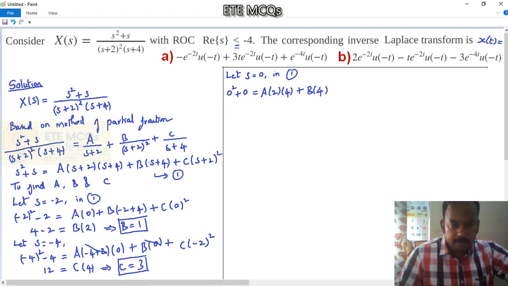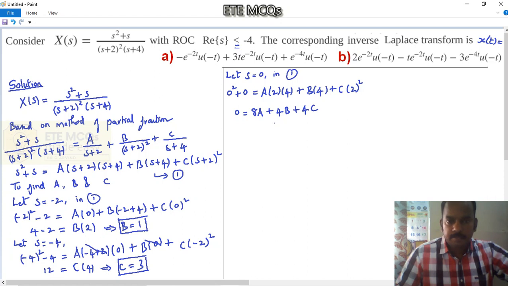When s is equal to 0, you will have b into 4 plus c into 2 squared. 0 is equal to 8a plus 4b plus 4c. Now what is b and c?